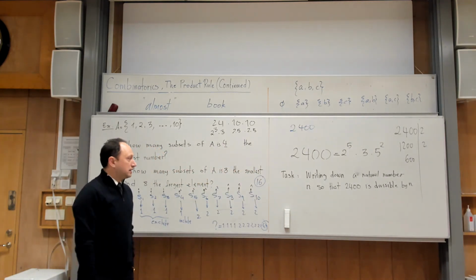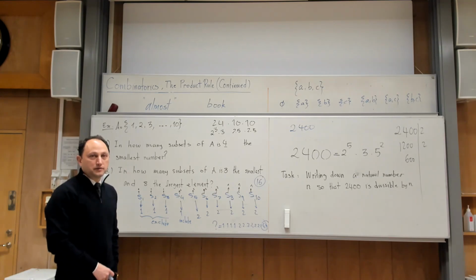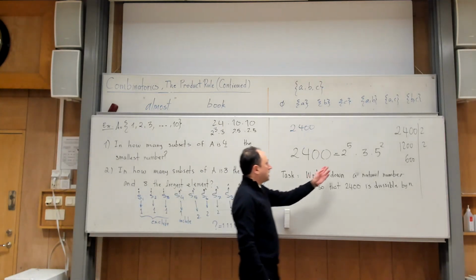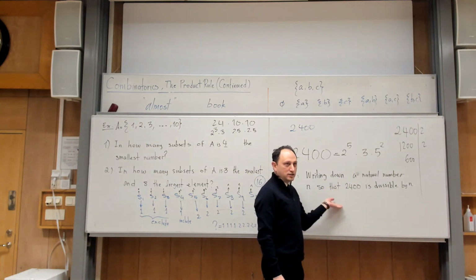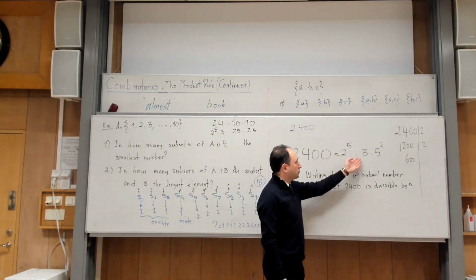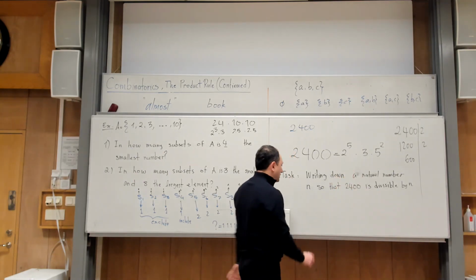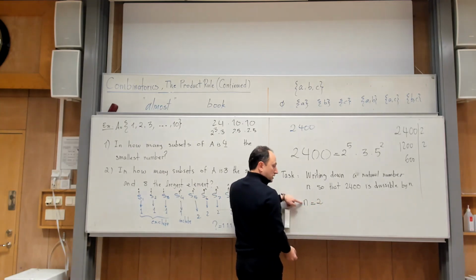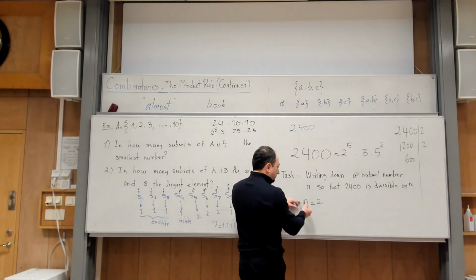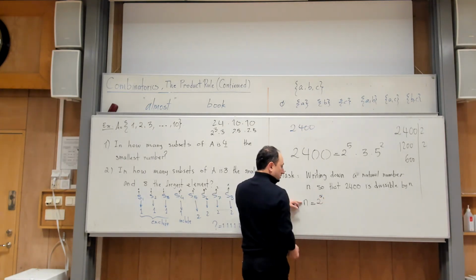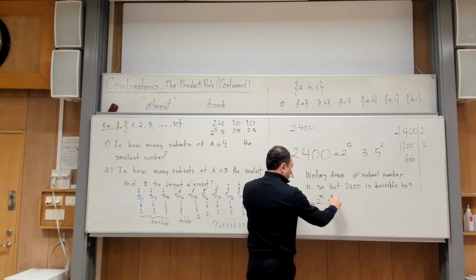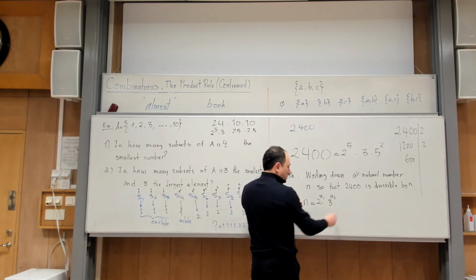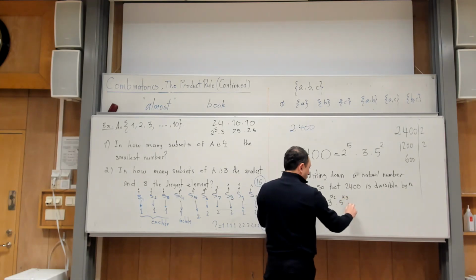Okay, and can you split this task into how many stages? 3, yes? Because what prime numbers are important in this case? I factorized that and only 2, 3, and 5 appear, so I need to care about this number n. You know that this number n can be factorized into prime numbers. So I can factorize it as 2 to the power of alpha 1, 3 to the power of alpha 2, and so on.